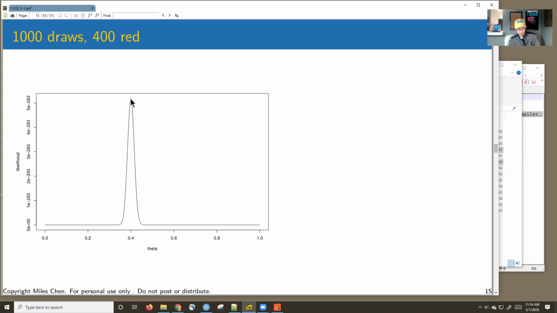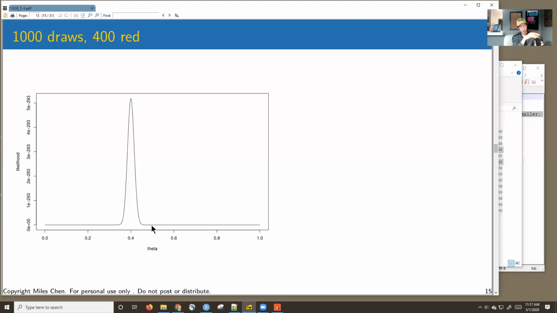We have a sharp peak at 0.4, and pretty much everywhere else it's 0. If the pouch were 100% red, it would be practically impossible for me to do 1,000 draws where 400 are red and 600 are blue. Even if the pouch were 50% red, it's almost impossible to do 1,000 draws and only get 400 red.